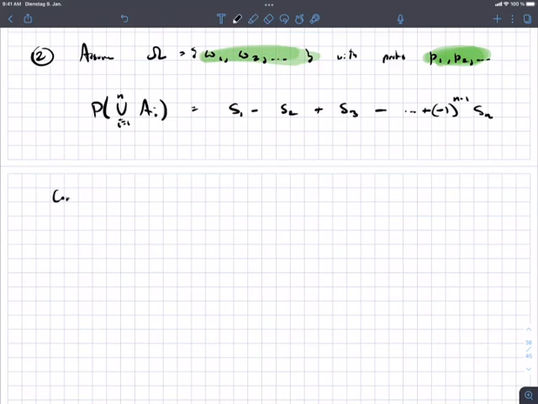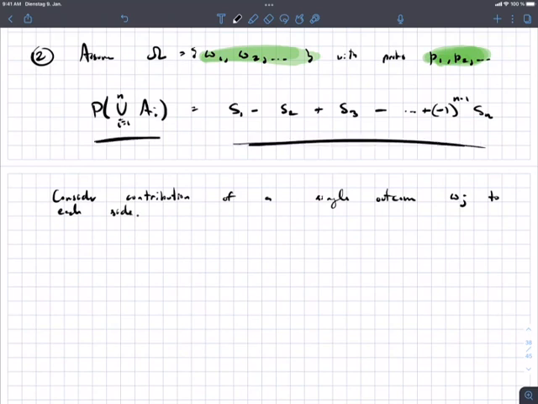So let's consider the contribution of a single outcome, let's say omega j, to each side. That is, the right-hand side and left-hand side.